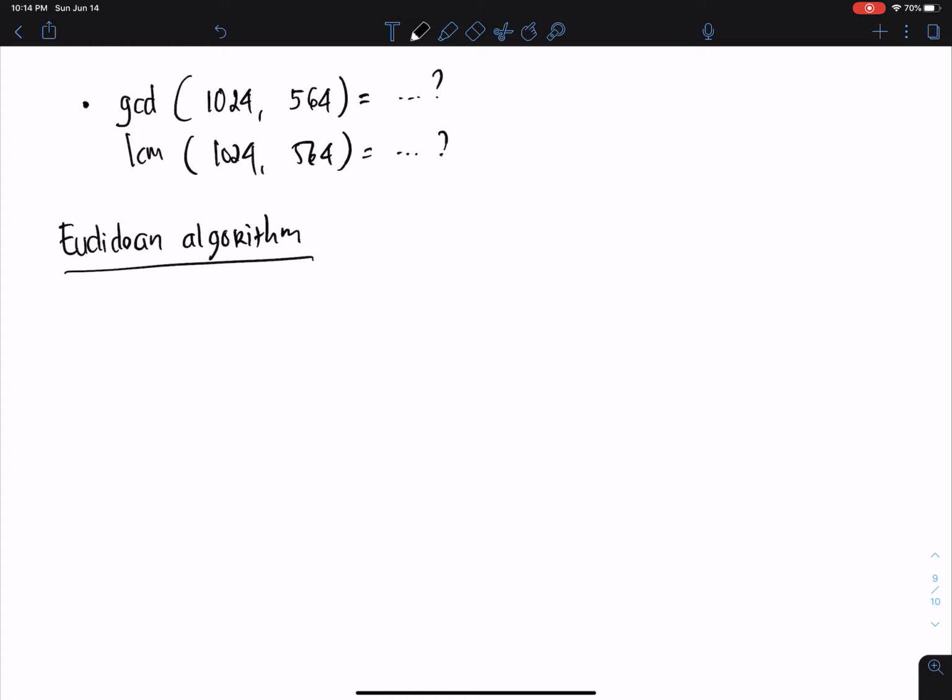So the Euclidean algorithm says, given A and B, two different, let's say either we mention integers or composite numbers, so let's just call them composite numbers.